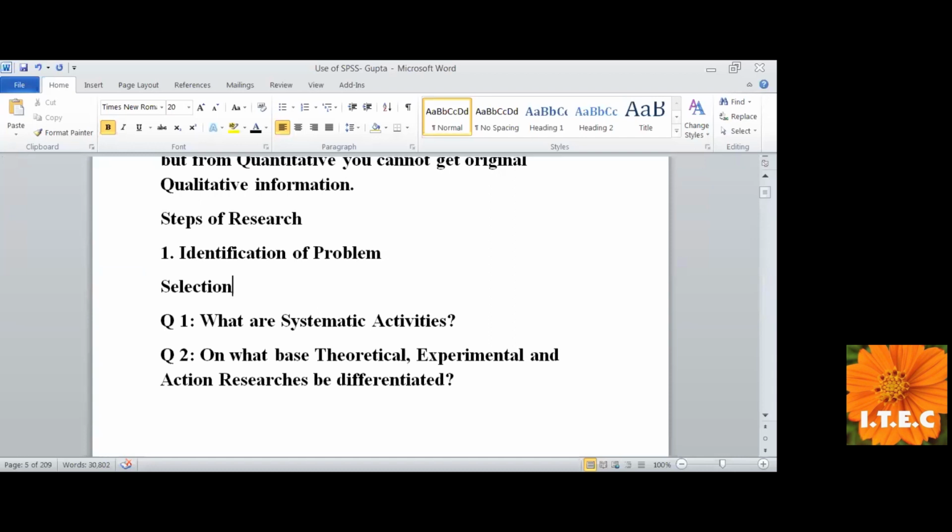Do you know the difference between identification and selection? Do you think that selection is a part of identification or identification is a part of selection? I repeat, is selection a part of identification or is identification a part of selection?